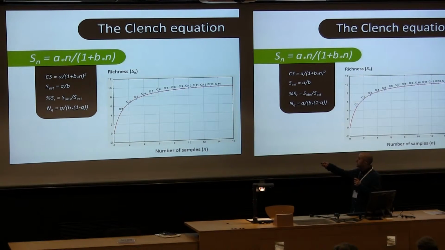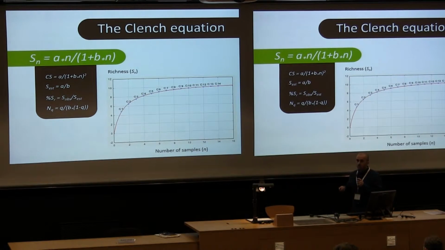So here you see the equation. In practice, we measure the richness of several samples, and we estimate the average cumulated richness as a function of the addition of samples, randomizing the order of samples to remove any possible effect of the order of sample addition.